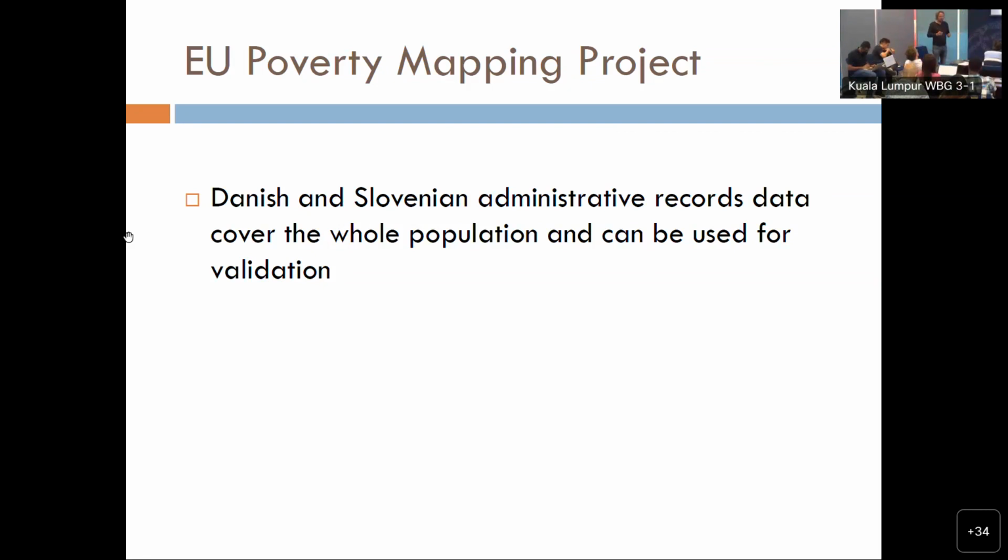The moment you're born, you enter the register, you get a personal identification number, and all the data collected by the government gets linked to your records. So at any point in time, Denmark can push a button and it basically produces a census on the spot with an enormous set of variables, and the same is true of Slovenia. Through that project we managed to secure access to Danish and Slovenian registry data. For all practical purposes, it's the same type of setup as we had in Brazil.